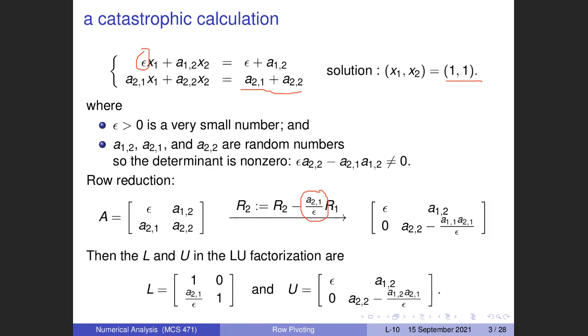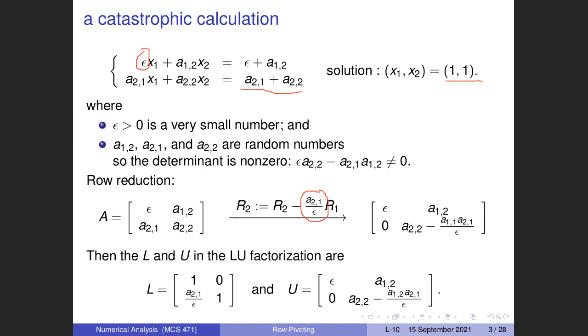And that is actually the very simplest instance of our LU factorization. So we reduce A to an upper triangular matrix. And then we see that the row reduction operation can actually be written as a matrix-matrix multiplication. So the row reduction operation here is actually defining the L in the LU factorization.